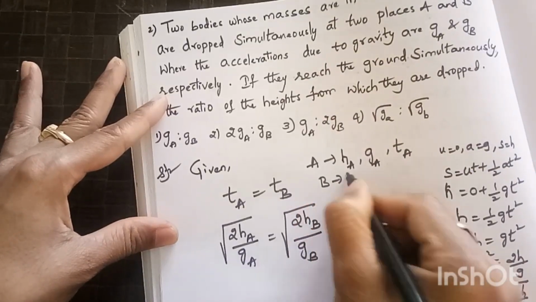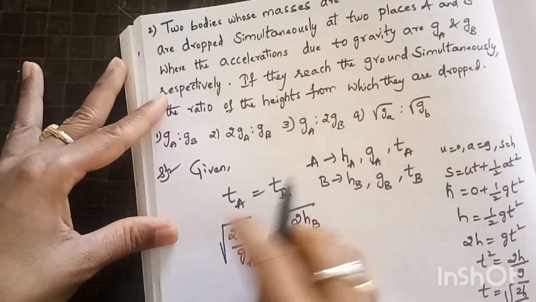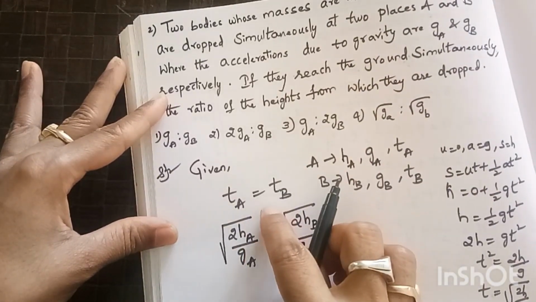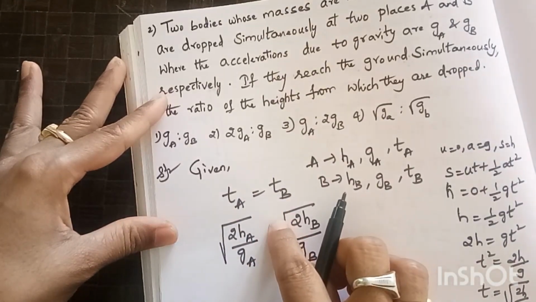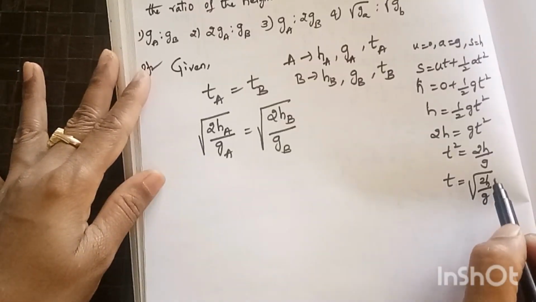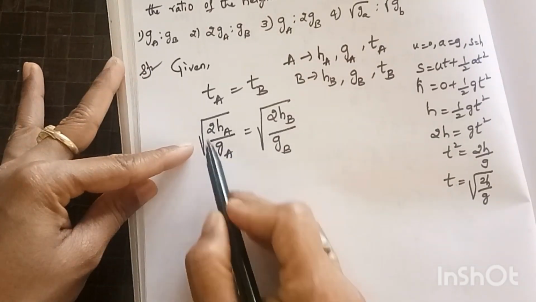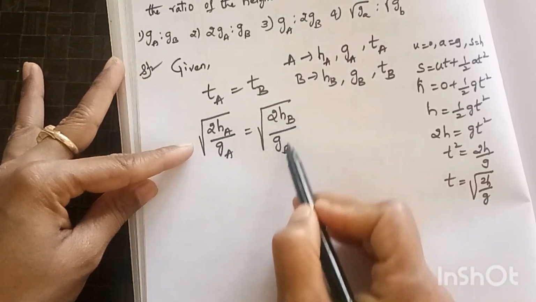For body B, HB, GB and TB. They said both bodies reach the ground at the same time, so TA equals TB. So t equals under root 2h by g, so TA equals under root 2 HA by GA, which equals under root 2 HB by GB.